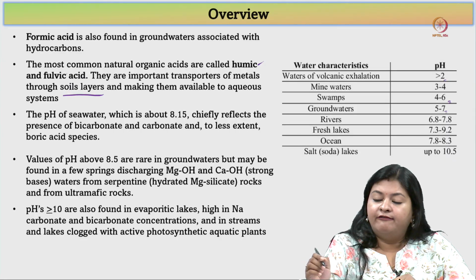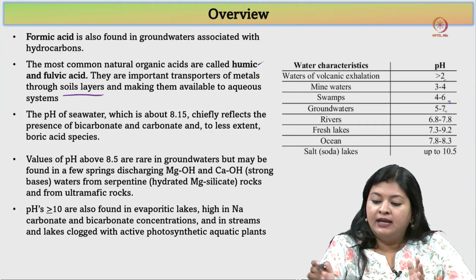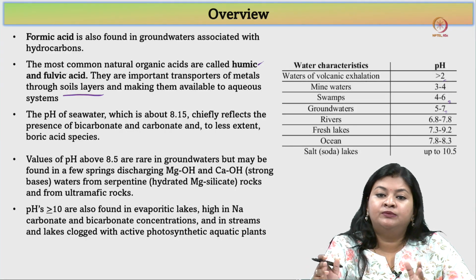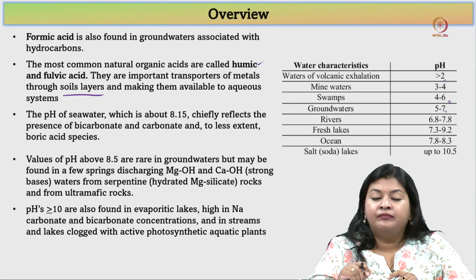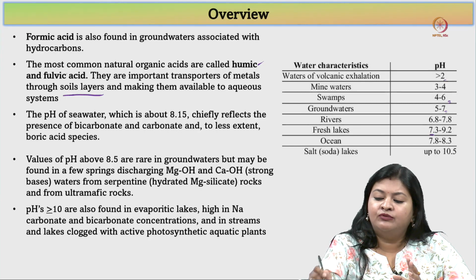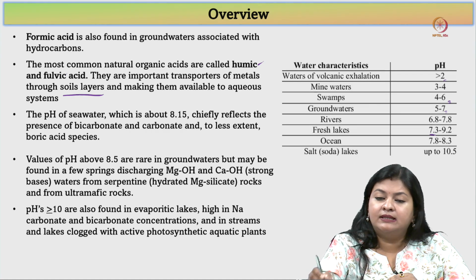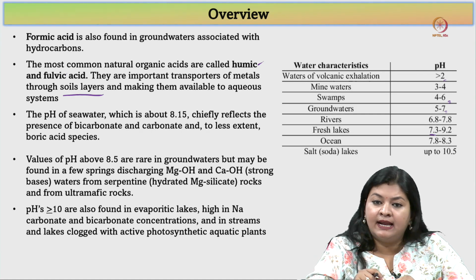Fresh lakes, if it is a natural lake, will have values related to the weathering side. If a lake is receiving a lot of rainfall, it can start moving towards the lower end of neutral conditions, slightly less alkaline and more towards a neutral pH.